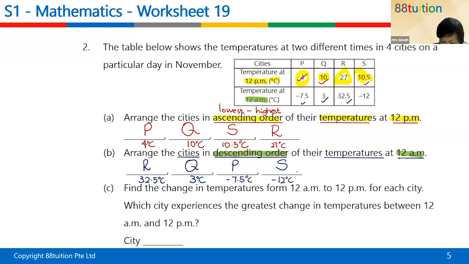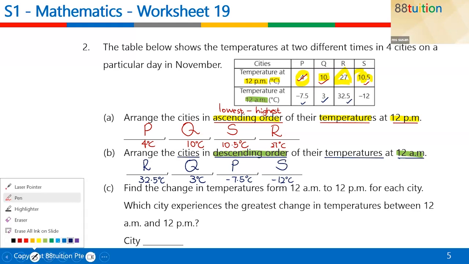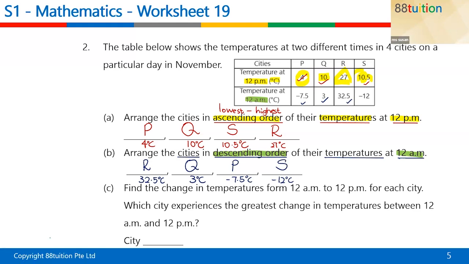Okay? Then third one, they are asking you to find the change in temperature for each city, and which city experiences the greatest change between 12 a.m. and 12 noon. So that means you must work out everything. For those who have not worked out, can you quickly use mental calculation?